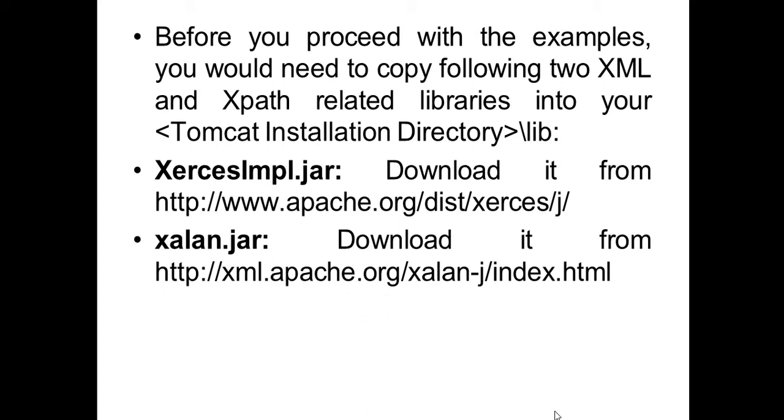Before we proceed with the XML parsing example, we require a jar file to be downloaded, which is given at the URL also. You can download xalan.jar from the internet because this jar file is required and is not available in the JSTL built-in library, so you need to download it separately.